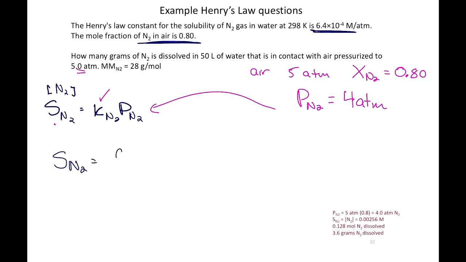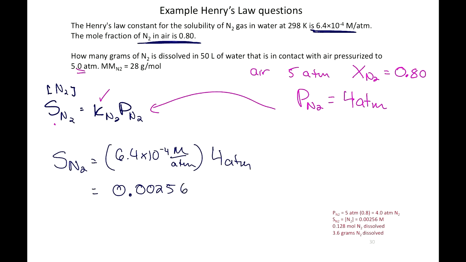So put those numbers together: 6.4 times 10 to the negative 4 molarity per ATM times 4 atmospheres. So this solution has a concentration of 0.00256 molarity nitrogen gas. All right.